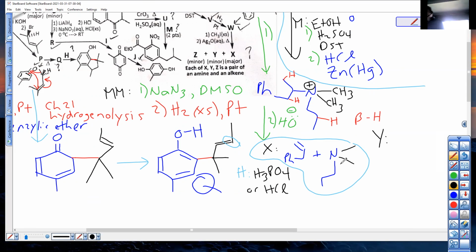Would it be too presumptuous if I did this and say they share this amine? It's getting a little creative, but that would be a double bond here, right? And there. So Y is a combination of this and that. And Z is an independent entity all to itself.